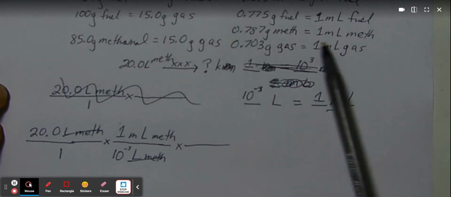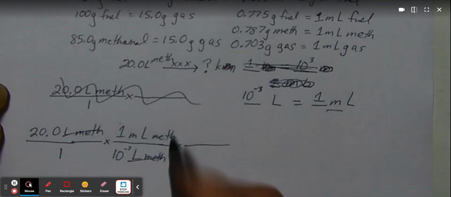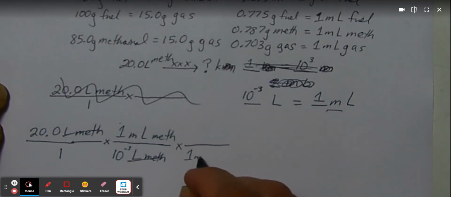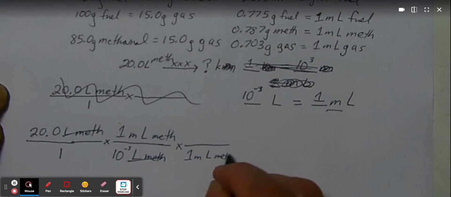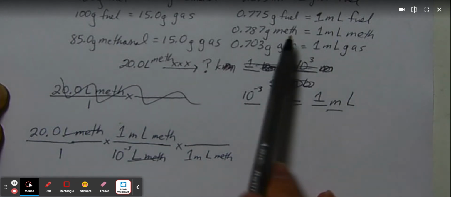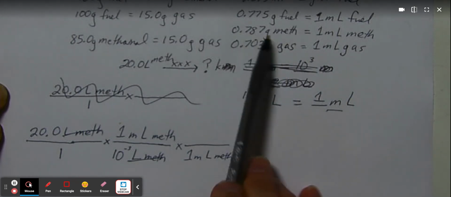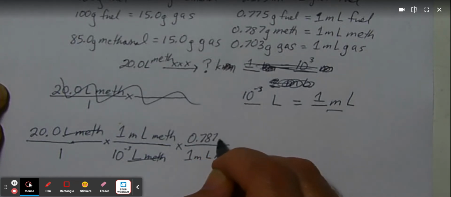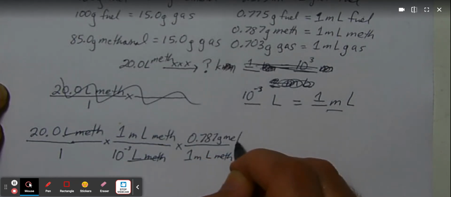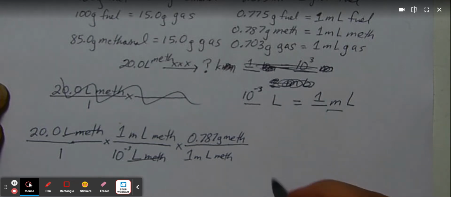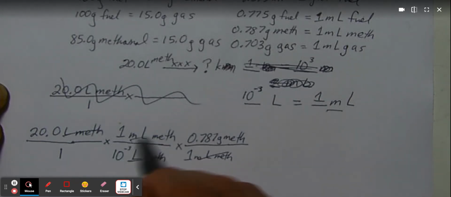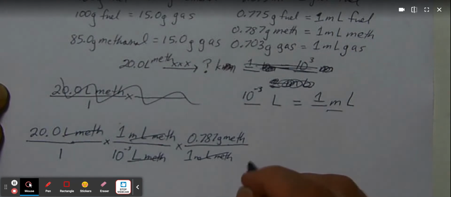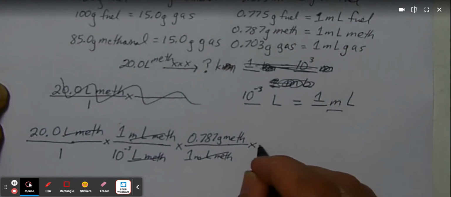So 1 milliliter of methanol on the bottom, and 0.787 grams of methanol on top. So milliliters of methanol cancel out. Now I have grams of methanol.